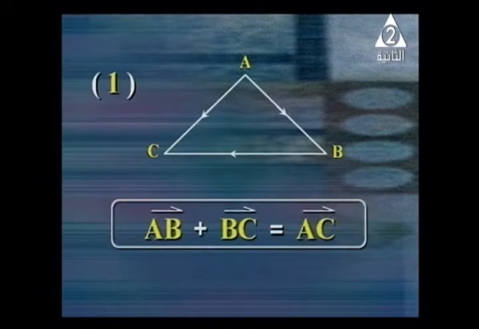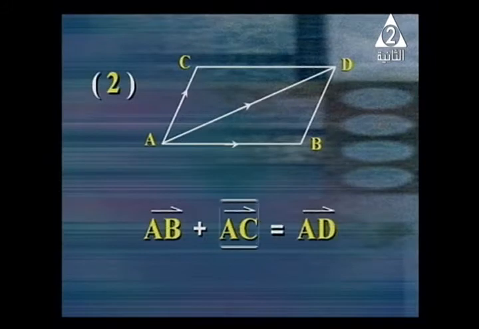Look, dear student, if we have AB vector plus BC vector equals what? AC vector. Sum of 2 vectors, AB vector plus BC vector equals AC vector.